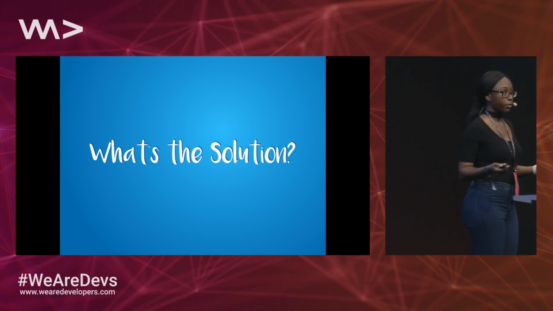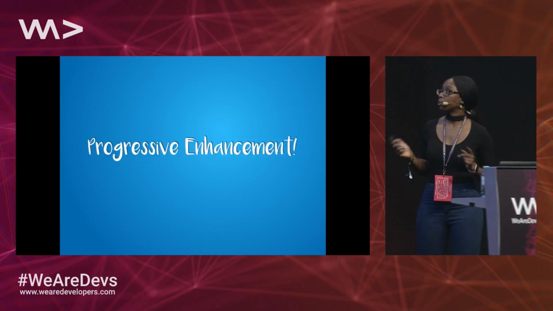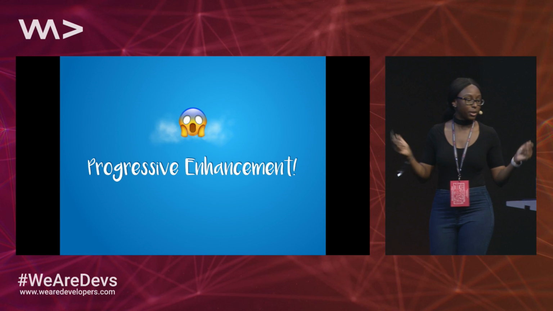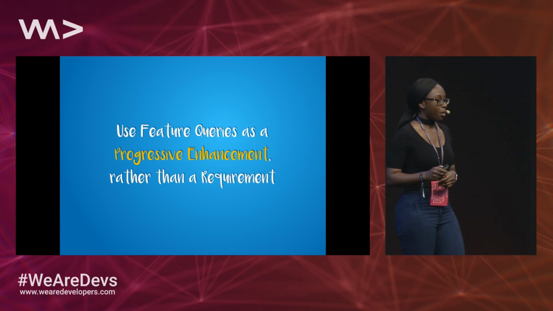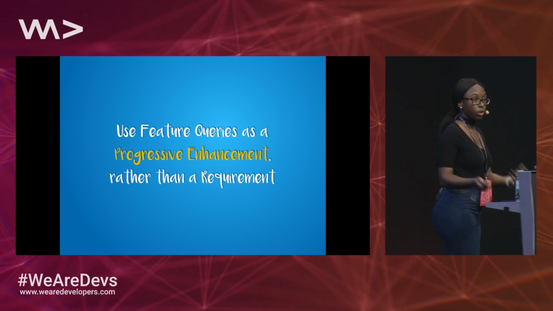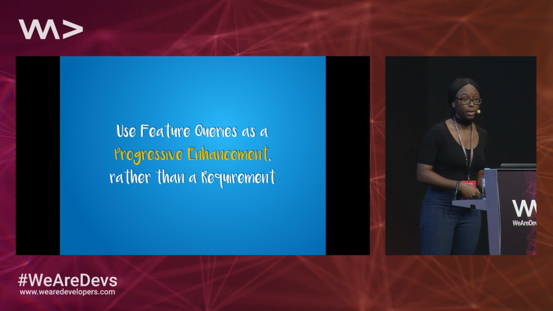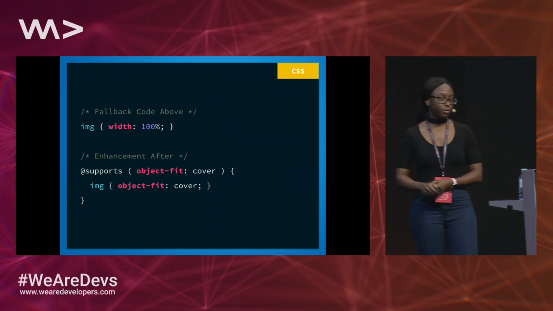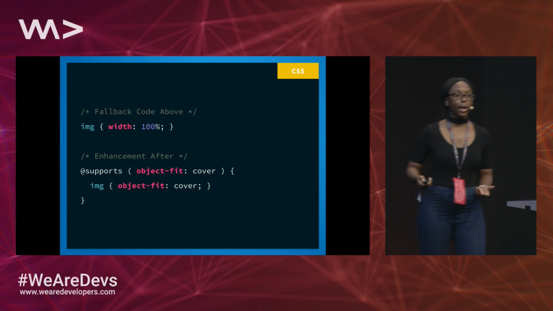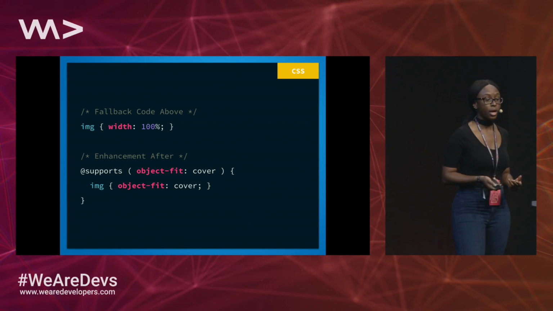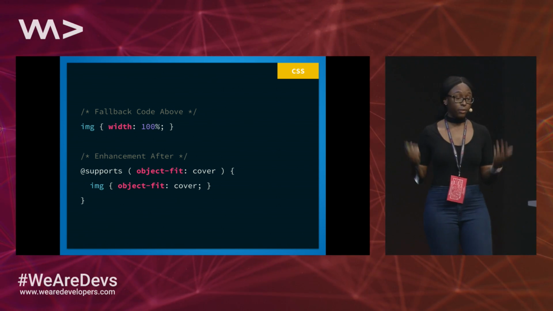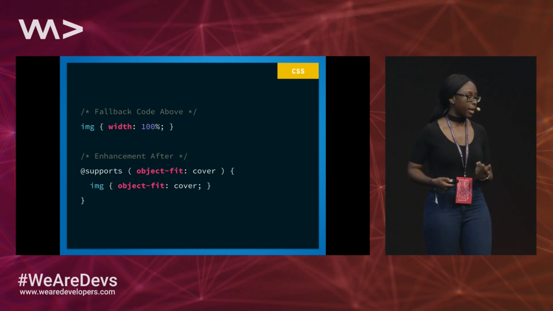So what's the solution for this? I'm sure you can guess what it is: progressive enhancement. What we have to do is look at feature queries as a progressive enhancement themselves. So have some kind of fallback that we're completely comfortable with, and only have the feature query as an enhancement on top of that.